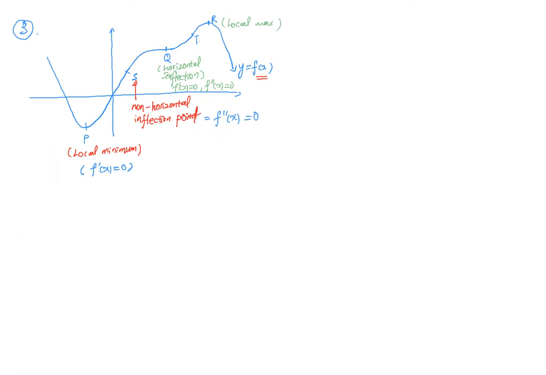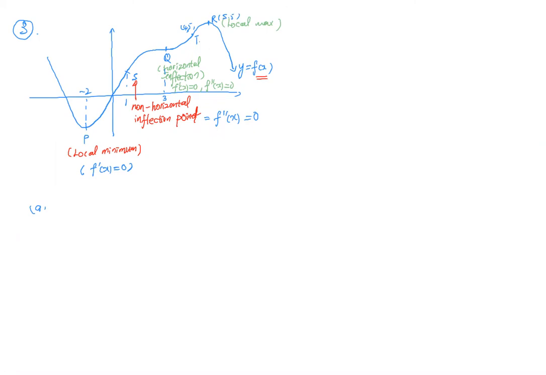Now draw the sign diagram for f prime x. We know that P is -2, Q is 1, here is 3, here is 4.5, and R is 5.5, right?